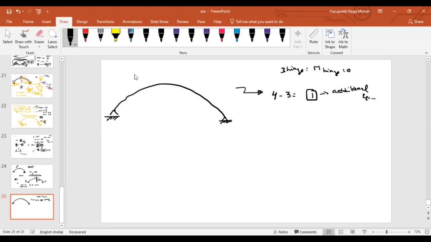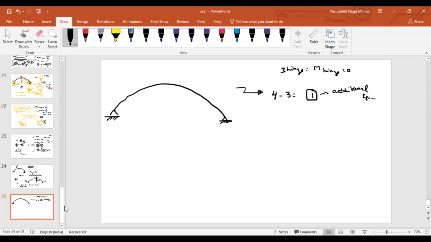So if 2-hinged arches are given, remembering some standard set of cases will be more than enough. Clear? Yes, sir.